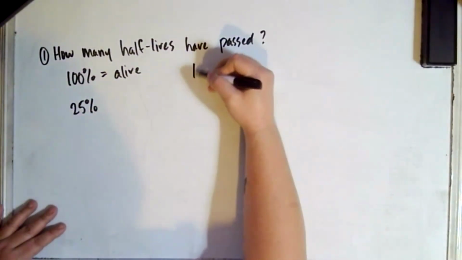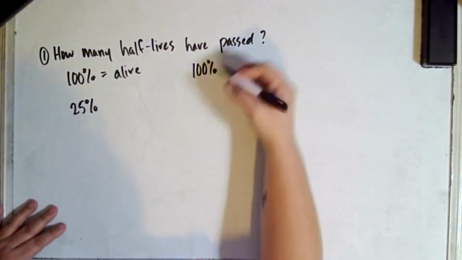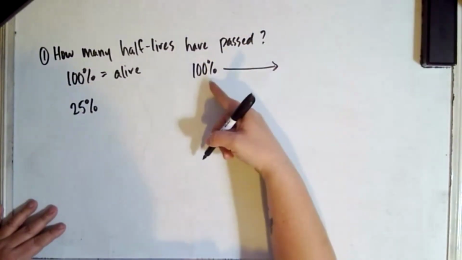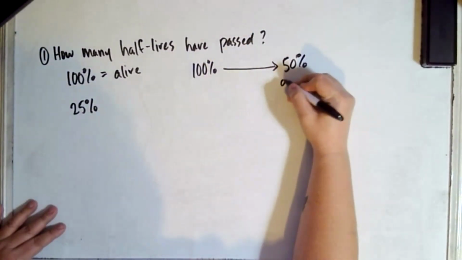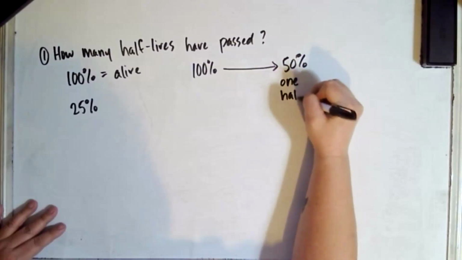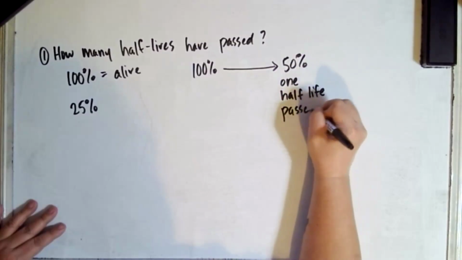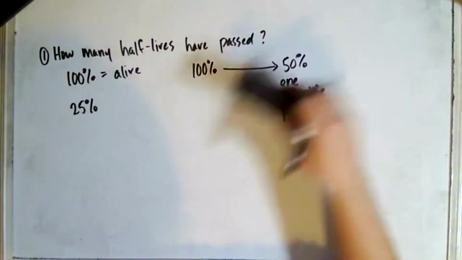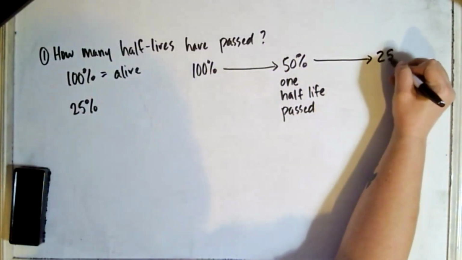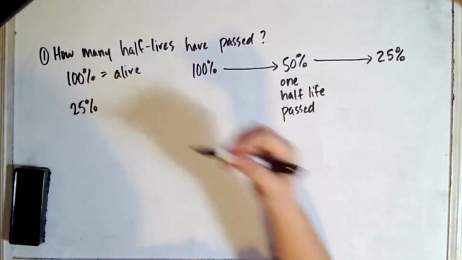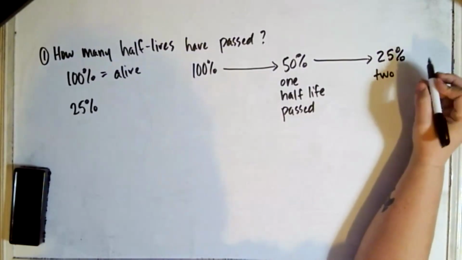If we start out at 100%, that's our original amount. When we go from 100% down to 50%, that means that one half-life has passed. Right? And when we go from 50% down to 25%, which is where our current prehistoric bone is at, that means that 2 half-lives have passed.